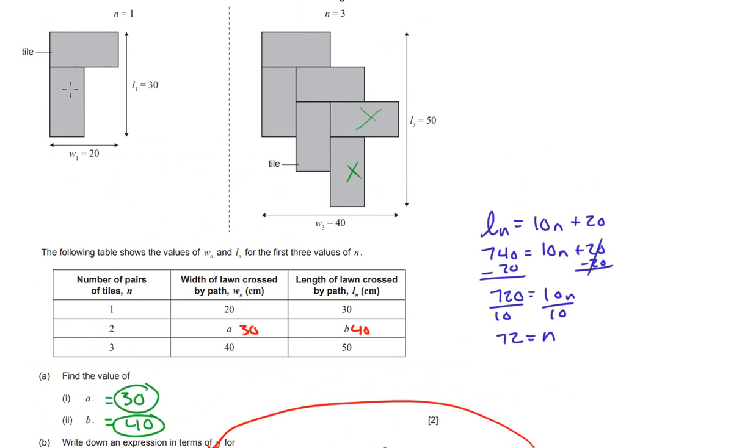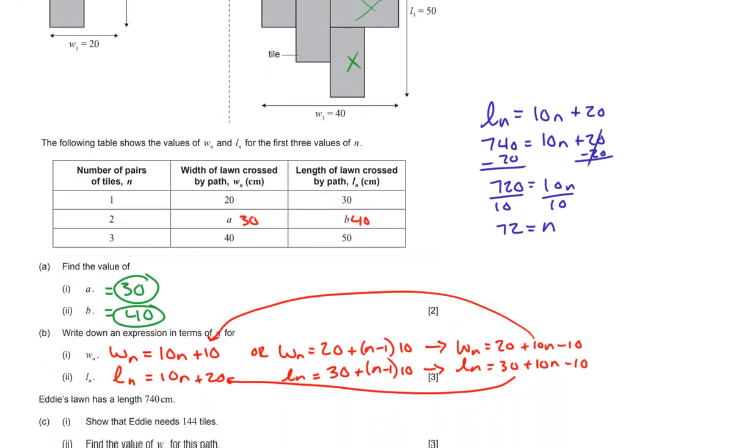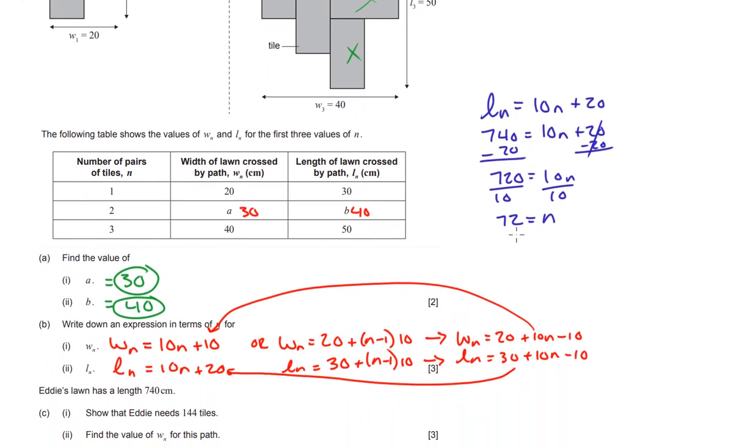This is n equals 1. So if we have 72 layers, then what that means is we've got to double that, right? So if n is 72, then we need 72 times 2, which is 144 tiles, right?